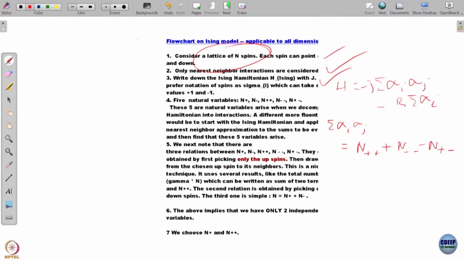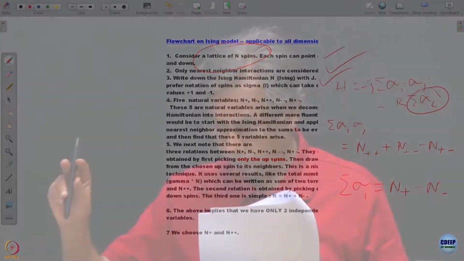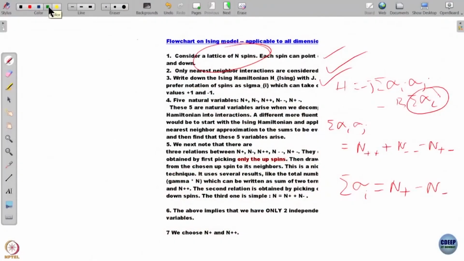Okay. Now, I can do the sum of sigma_i, and for sigma_i I get N_+ minus N_-, right. Because up spins, those pointing towards the up, come with plus 1, and those down come with minus 1. So, that is this thing, and then sigma_i sigma_j is plus or minus: when they both are plus or both are minus, as I said before.